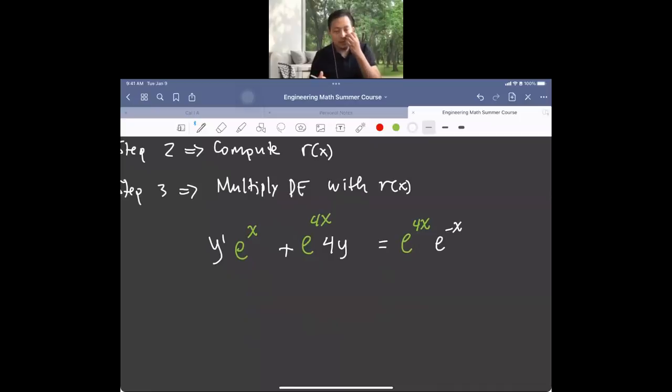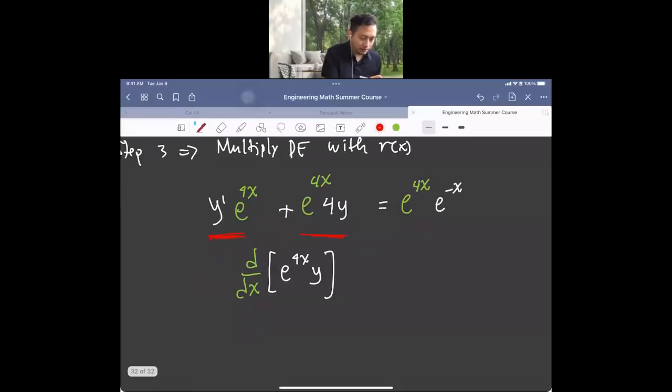We can clearly see, if you take a backward step from here, that this is actually the product rule applied to e to the 4x times y. Taking the product rule, e to the 4x y prime plus the derivative of e to the 4x, which is 4e to the 4x, times y, and it is similar to what we have here.